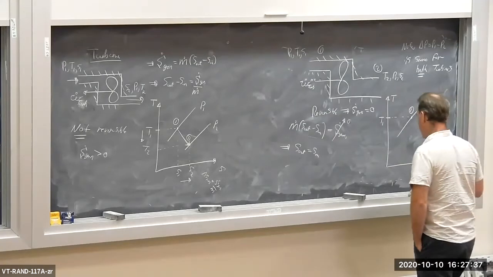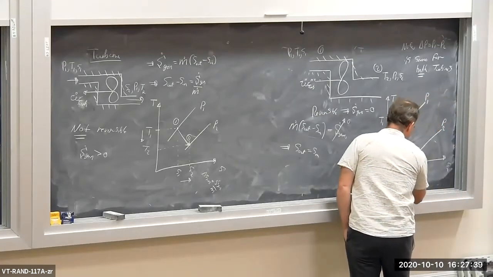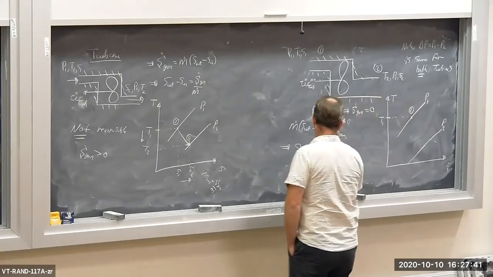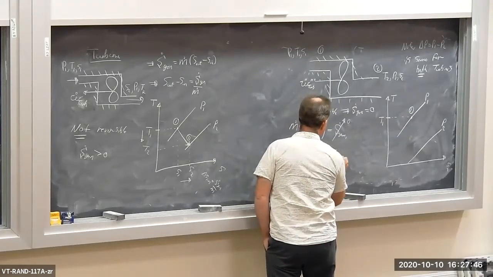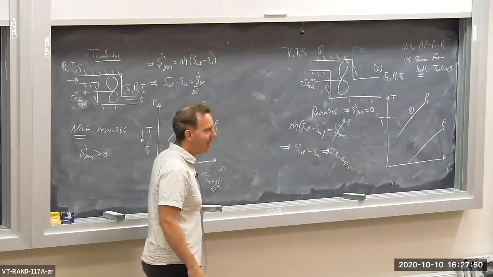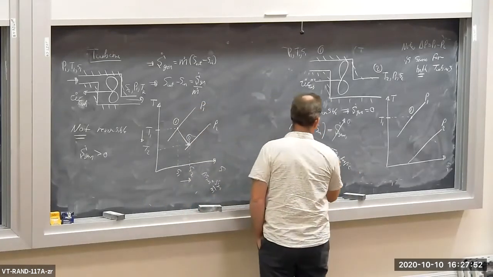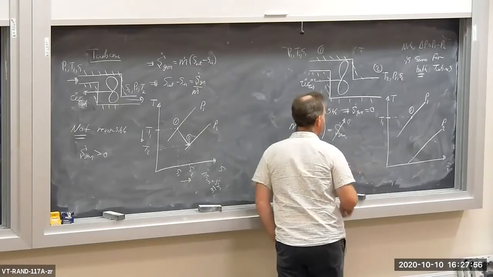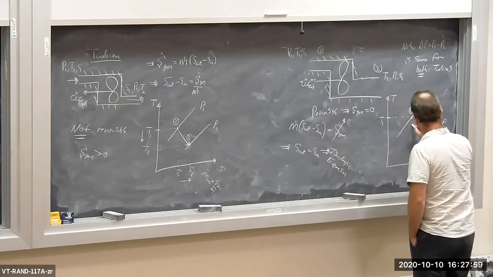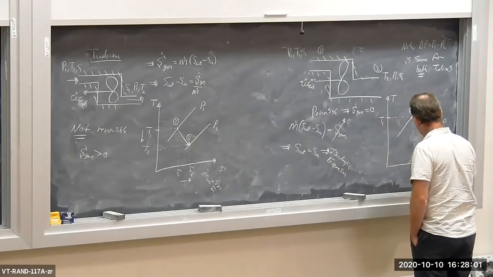And because it's an isentropic process, S out is equal to S in, so this is isentropic. It's isentropic expansion in the turbine. Pressure's falling, so it's expansion. And so the process looks like this.